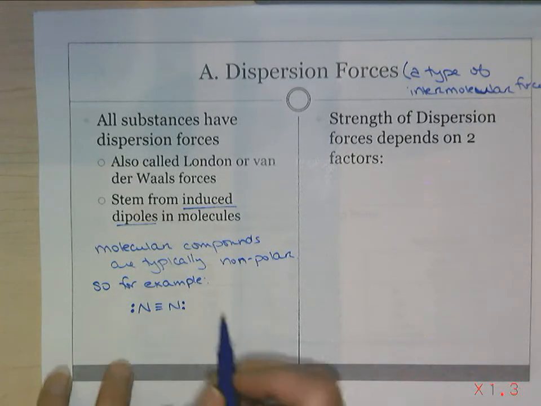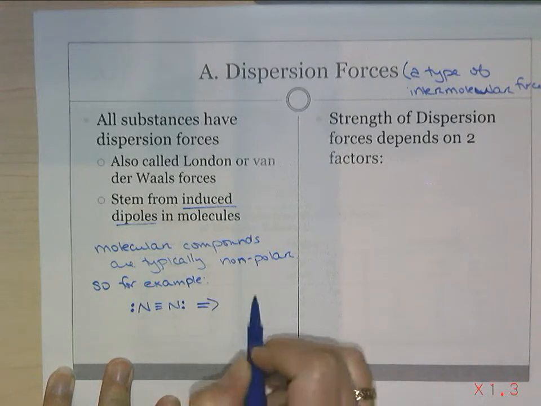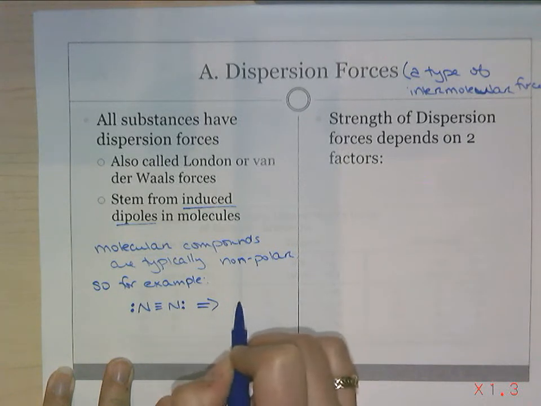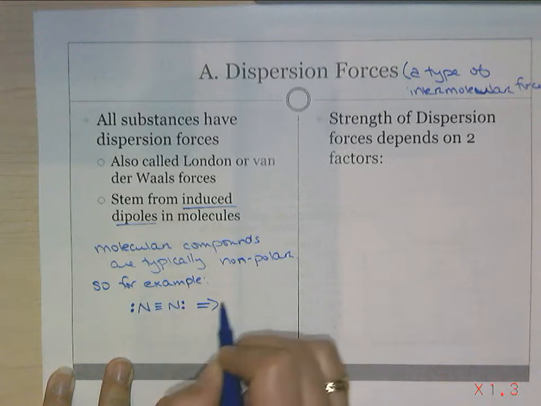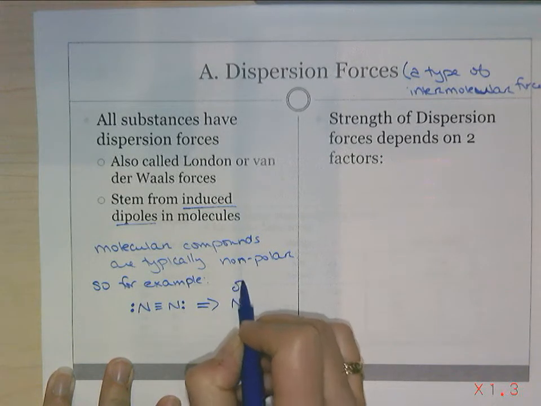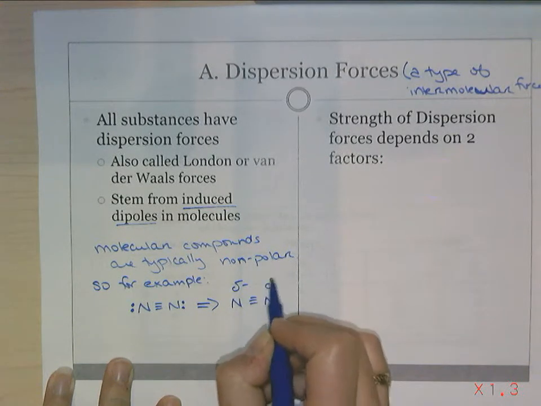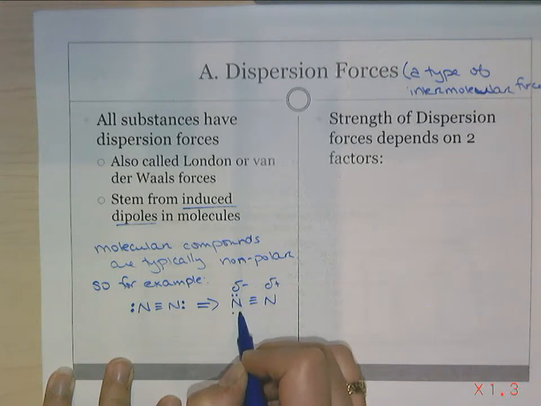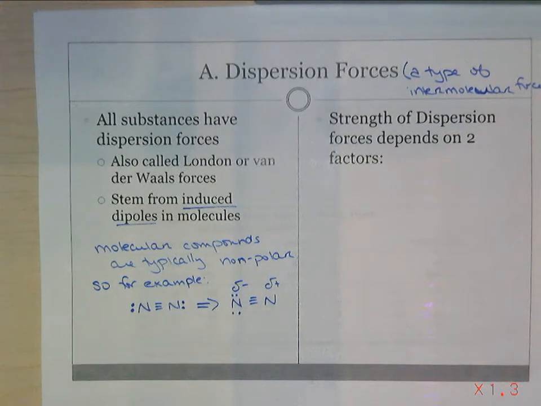But we can imagine that sometimes some of the electrons end up over here, and that is a possible Lewis dot structure. Pretty terrible. It would not very often look like that, but there is the probability, slim, that it could. So when it looks like that, now I have an induced dipole.